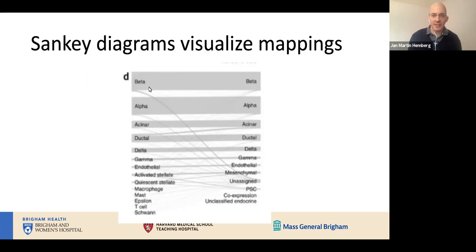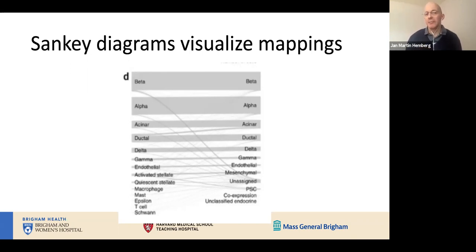What you can see here is that most of the cells that were labeled beta cells, from a pancreas data set, map to beta cells in the reference data set as well, and a few of them go other places. What's important to point out here is this unassigned category, which is of course not in the reference, but it's something very useful to have for your mapping algorithm.